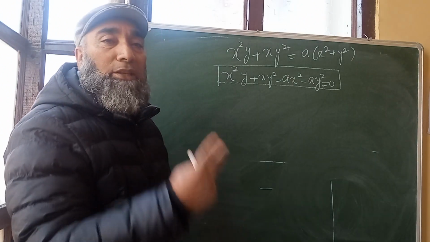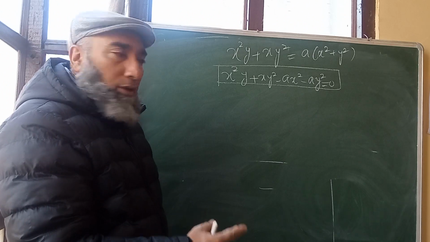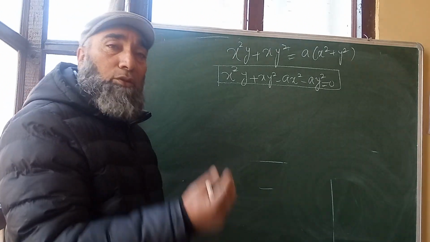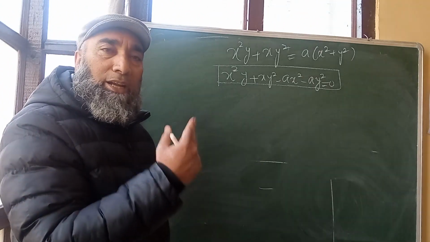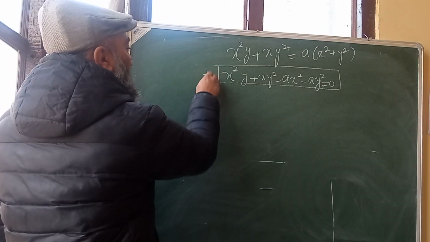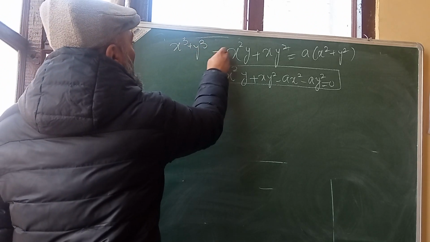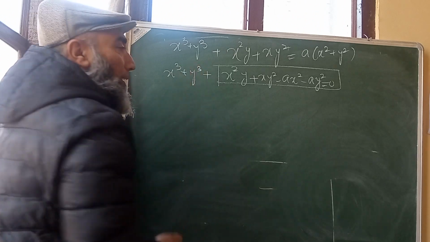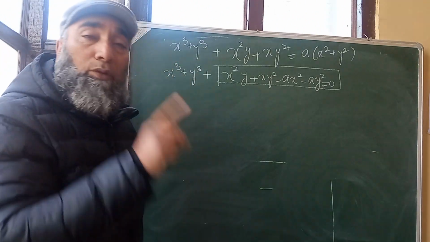So there may be asymptotes parallel to the x-axis and y-axis, which are obtained by equating the coefficient of the next higher power of x to 0 and the next higher power of y to 0. But then, if this were again a cubic, if I write x cube plus y cube plus this thing, then since x cube and y cube are present, there will be no asymptotes parallel to either axis.